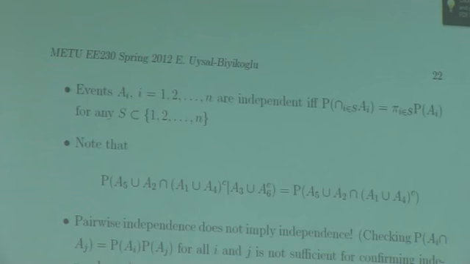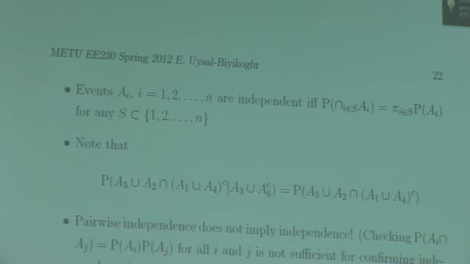In particular, if N is 2, then there is only one subset with more than one element, that is {1, 2} itself. So A1 and A2 are independent if and only if the probability of A1 intersection A2 is probability of A1 times probability of A2. Let's think about it for 3 sets.